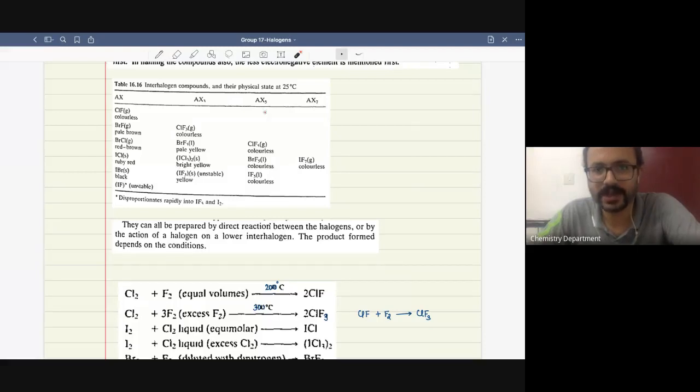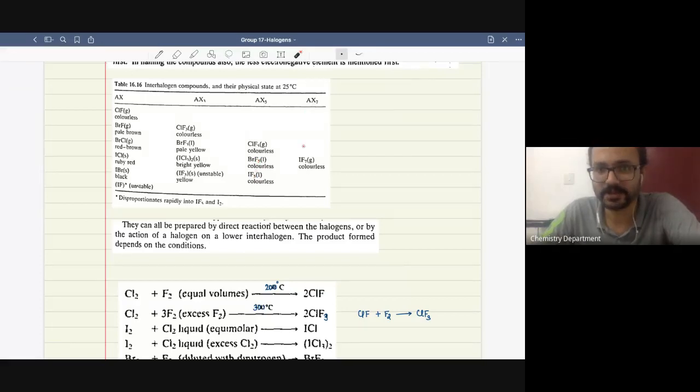But when it comes to the higher versions, that is AX5 and AX7, the central atom needs to be very large. At the same time, the other halogen atom, the one which is in larger number, should be as small as possible. That is why in AX5 type compounds, it is all fluorides that are known.